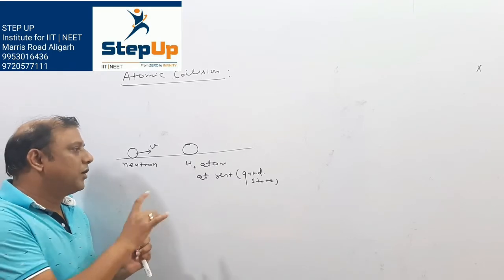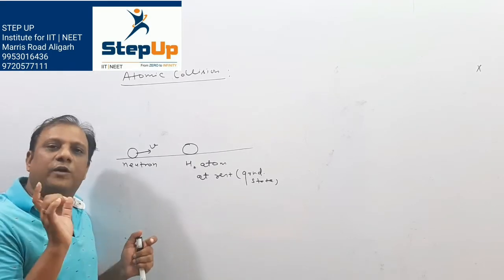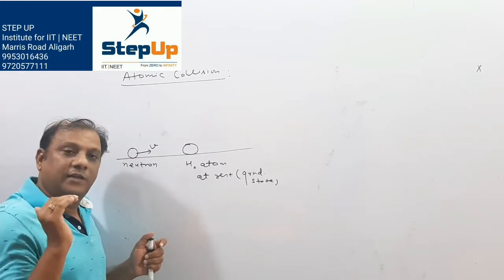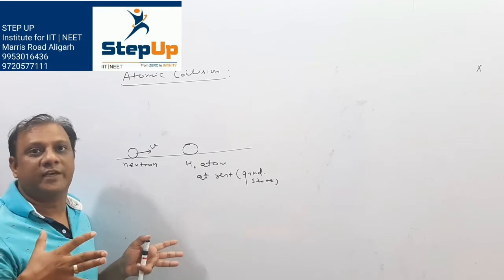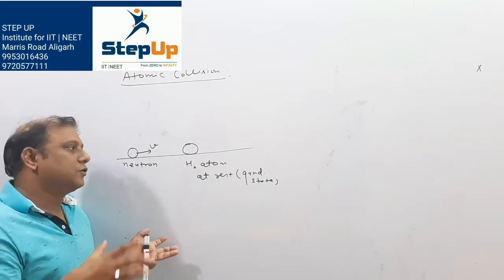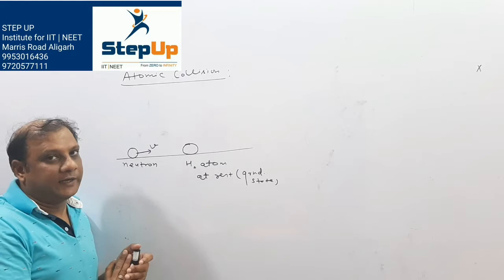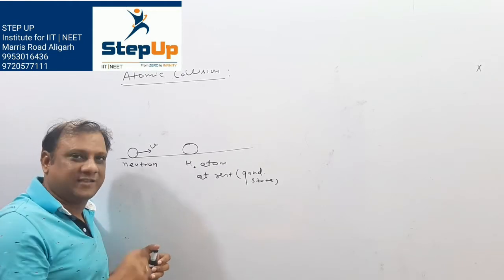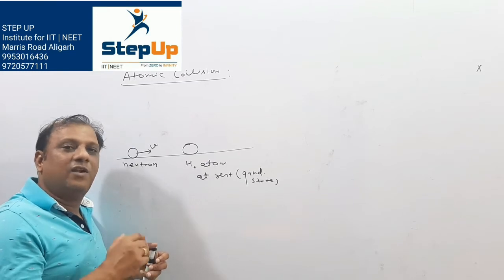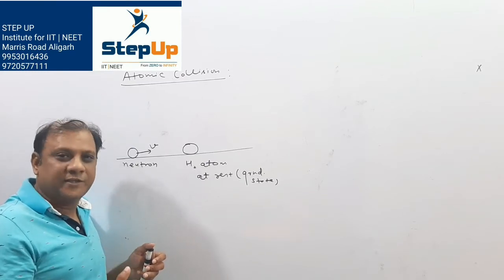As you know, in mechanics, if the collision is elastic, there will be no loss of energy, so initial kinetic energy and final kinetic energy remain the same. But if the collision is inelastic, a loss of kinetic energy takes place.